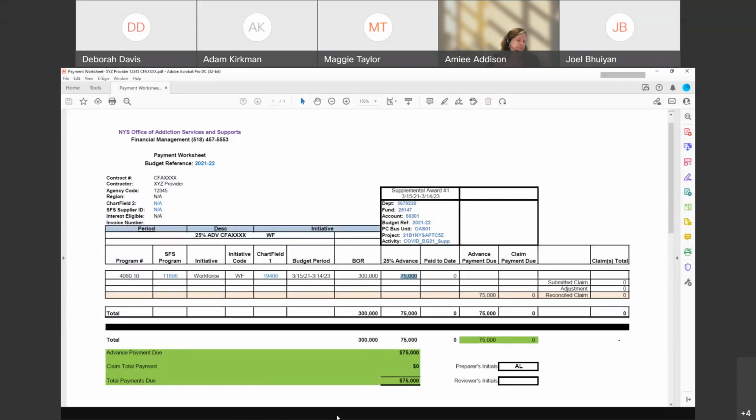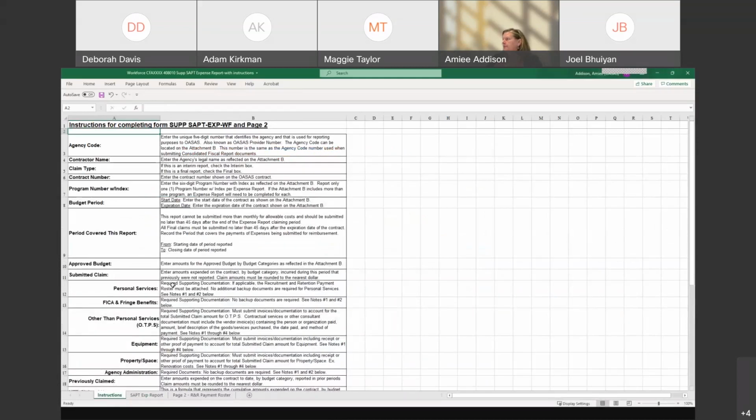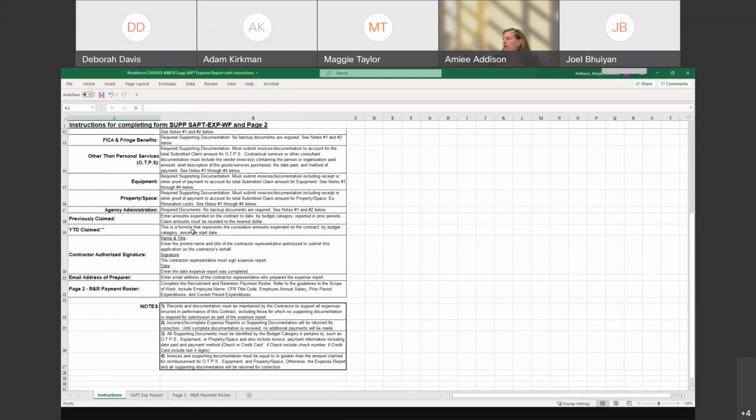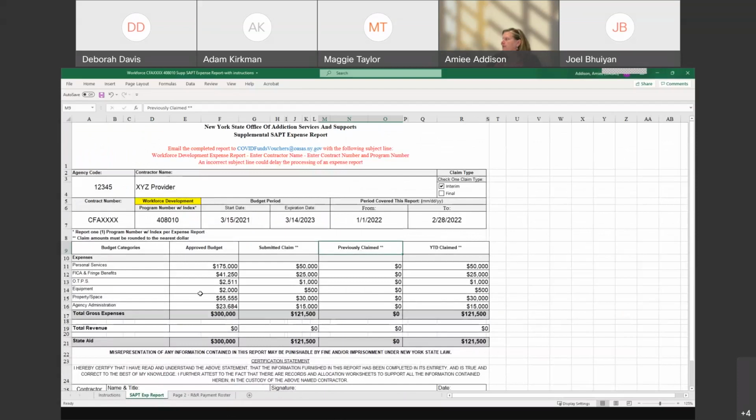We are right now going through that website just to make sure everything is updated for that section. But that is another way that you can see an expense report as well. There is also a tab for instructions on all expense reports that goes through each part of it in case you have questions.